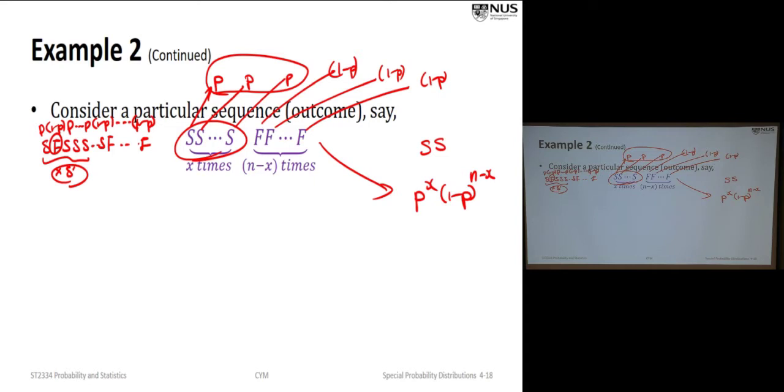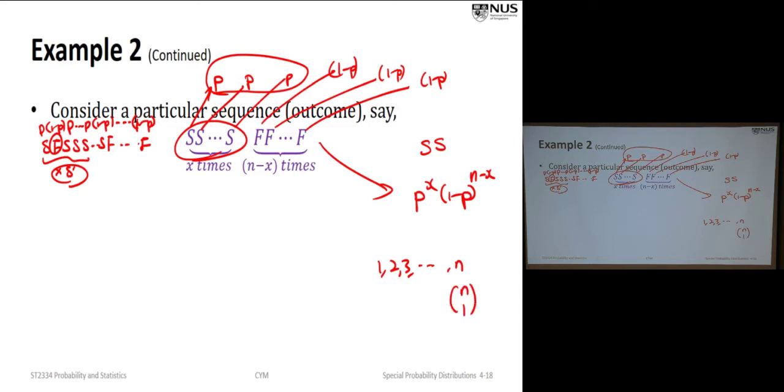What I'm saying is, I have n objects, and I select out of these n objects. Let's say I pick 1, so X equals 1, to be more specific. How many ways can I select 1 out of these n objects? So it is n choose 1.